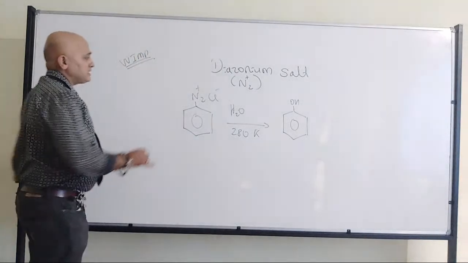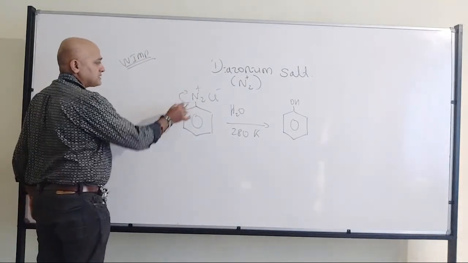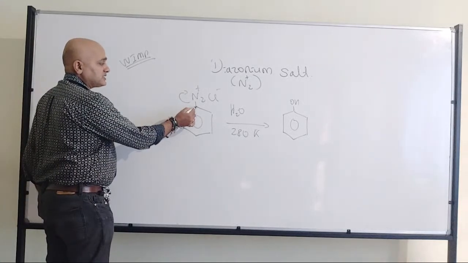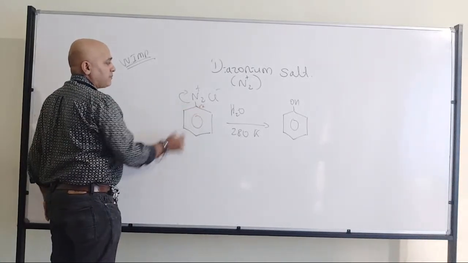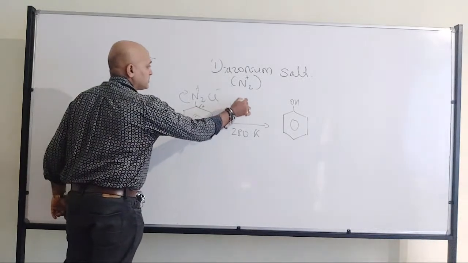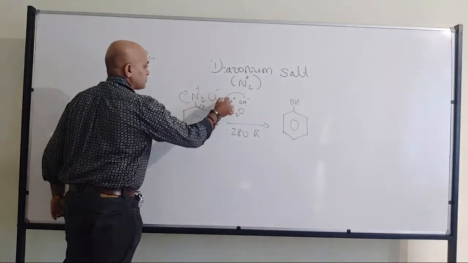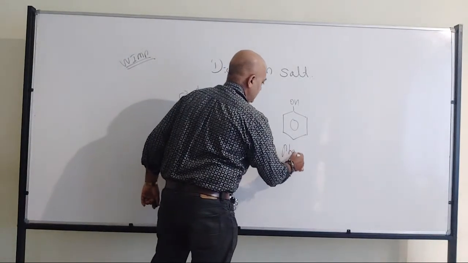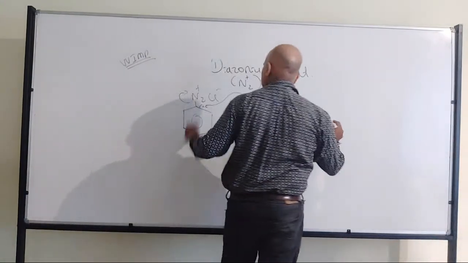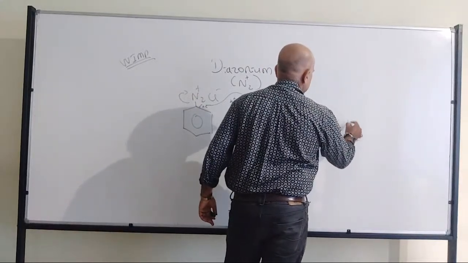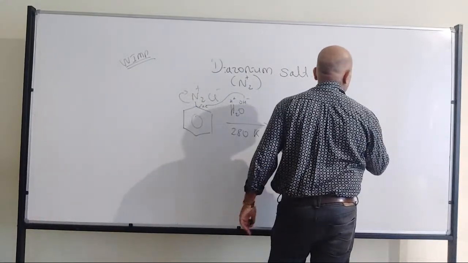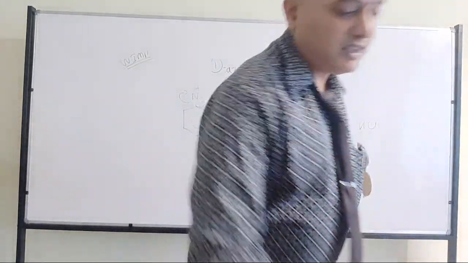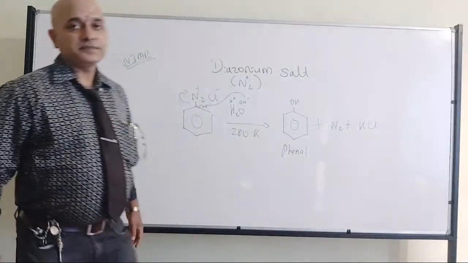To make you understand, the bond will be split because nitrogen is having a positive charge, so there will be delta positive. OH minus will come here. So that's where we have the phenol. Nitrogen will be released as it is, H plus will go with chloride minus, and that's where we have the HCl.